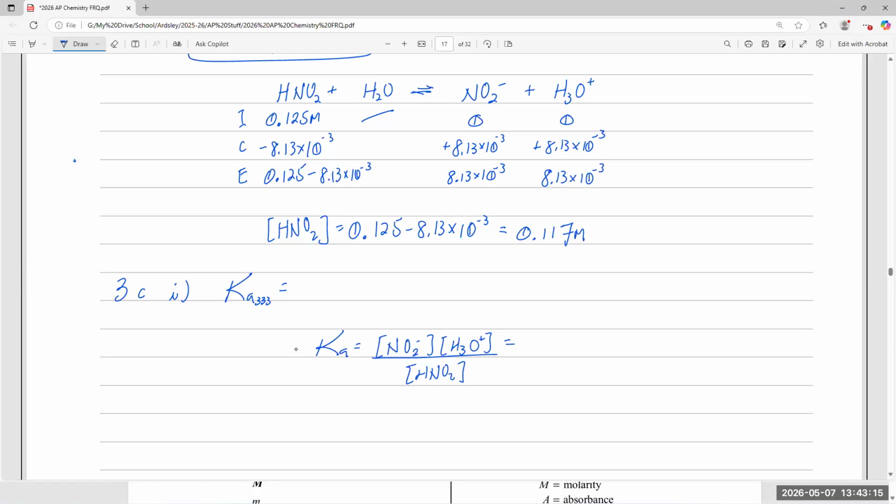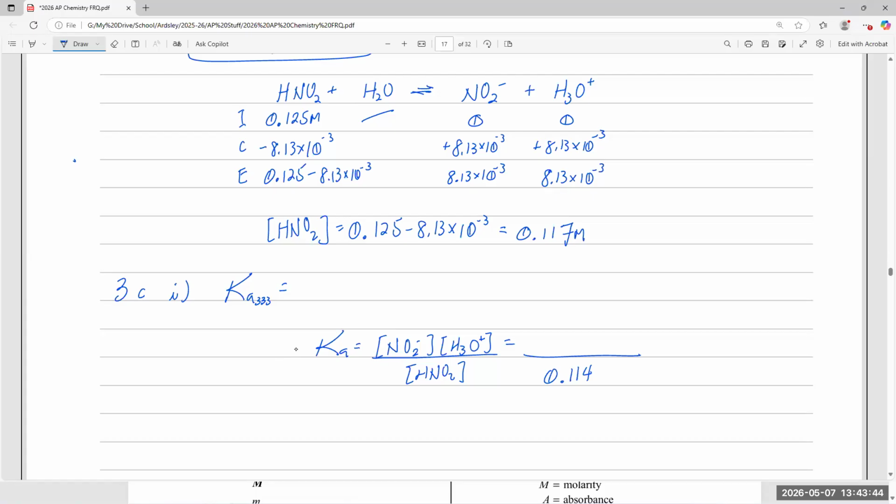Now, if you have the problem in front of you, I'm looking at my other sheet, it says in part C they do give you the equilibrium concentrations. HNO2 is 0.114. Meanwhile, on the top, NO2 minus is 0.0109 and hydronium is also 0.0109.